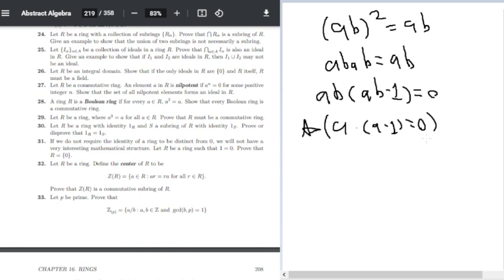Now what can I do from here? Well, I can do an interior multiplication by b to get AB, BAB minus b equal to 0.